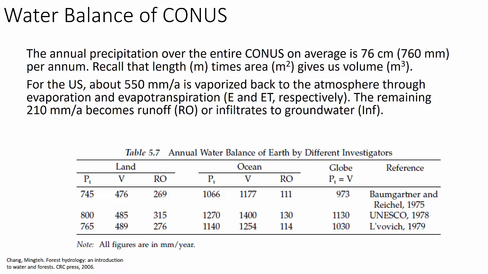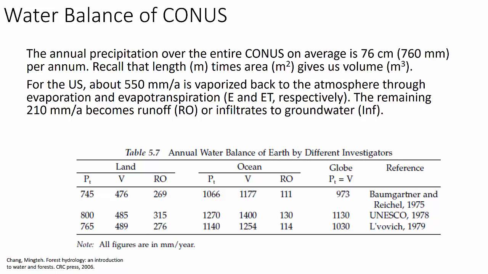So that's how we come up with those cute little globes of water on planet Earth that we showed several lectures back. For the U.S., about 550 millimeters, a little over half a meter per year, is vaporized back into the atmosphere through evaporation and evapotranspiration, E and ET respectively.